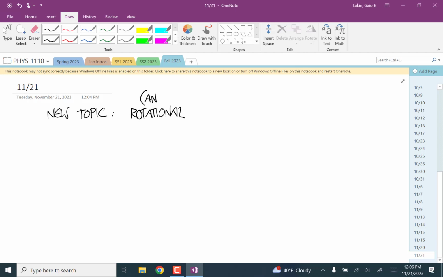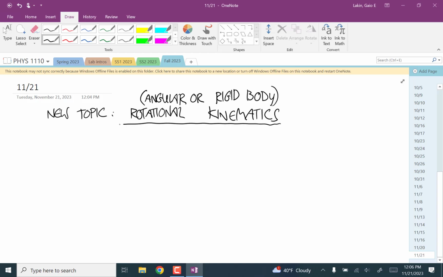You also hear people talk about this as angular or rigid body kinematics. I'll probably go back and forth a little between angular and rotational. Remember, the meaning of kinematics is that we're not dealing with the causes yet. We're just describing the motion.